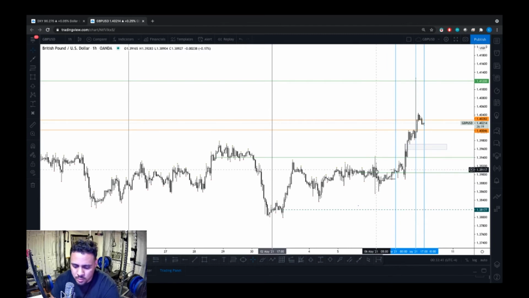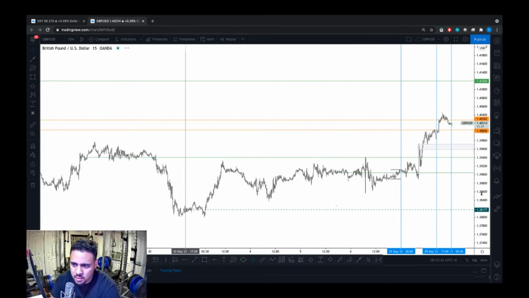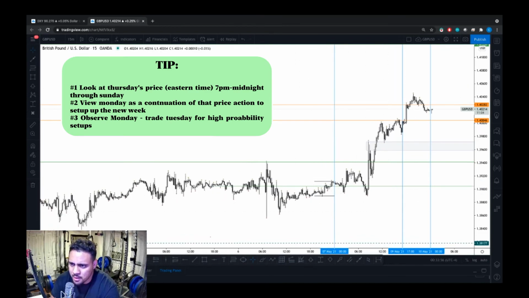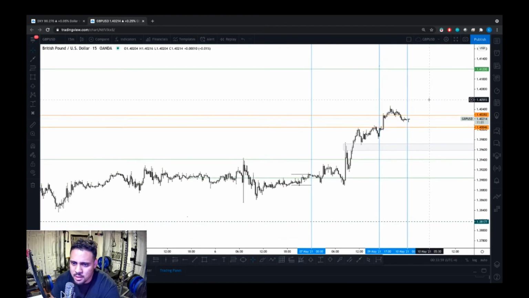Okay, so when you get down to your intraday level and you really look at price, just look at Thursday night, 7 p.m. to midnight as a continuation going into Monday. You can project the potential lower high of the day based on just this range. We'll talk more about that in another video. But in general, it's bullish.